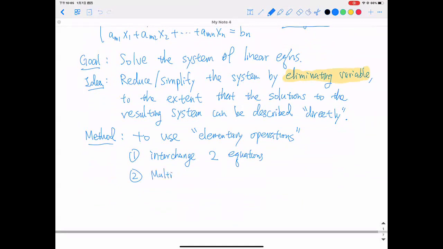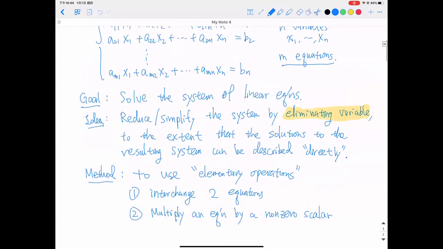Now, the second elementary operation is to multiply an equation by a non-zero constant, or scalar.